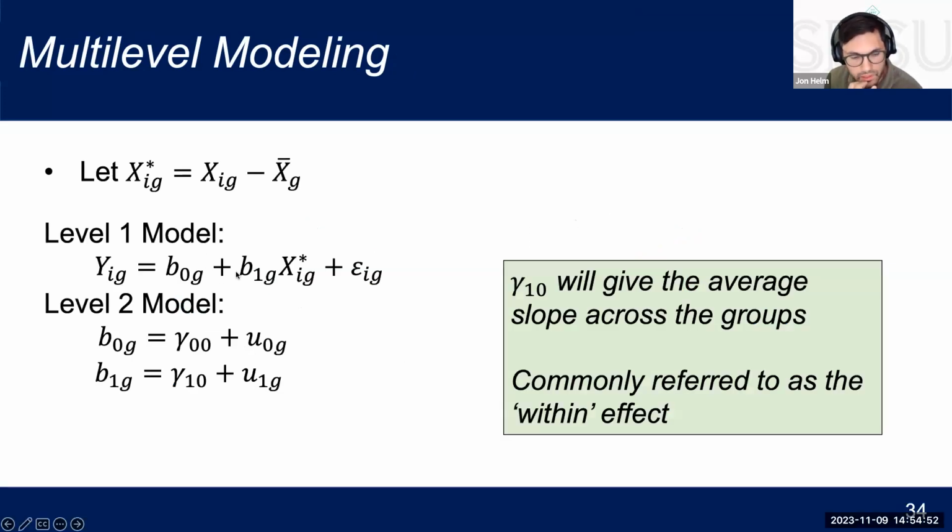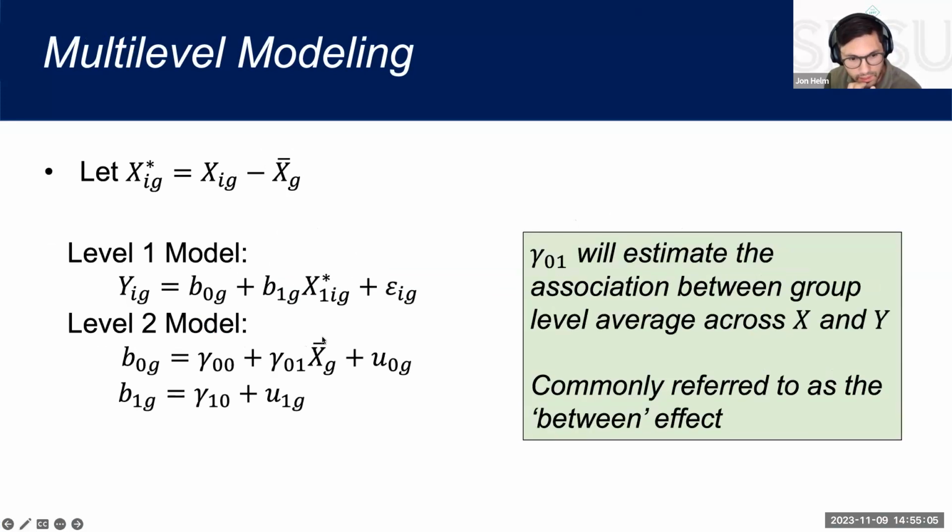Right, so what we do is we're going to extract out the group mean from the original variable, and we're going to use that at level 1. And then what we can do is we can use that group mean as a separate predictor. And I think I do that right here. I can use that as a separate predictor, right? And remember what I said, wherever this location occurs for the group, then the other variable, that will also be where the mean is on Y. So this association, this gamma 0, 1 here, is going to be the association between the means, right?